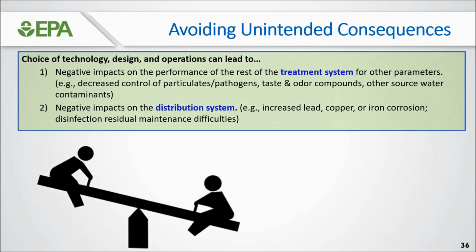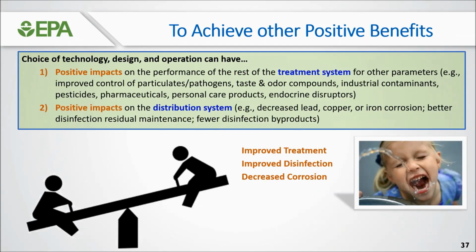So we all know situations where you change a source water or impact the technology, and sometimes it has a negative impact on both treatment and distribution. But it's also the case that technologies can have positive impacts on your treatment system.